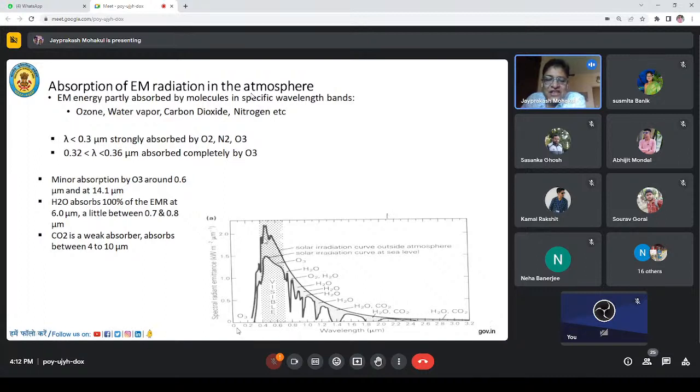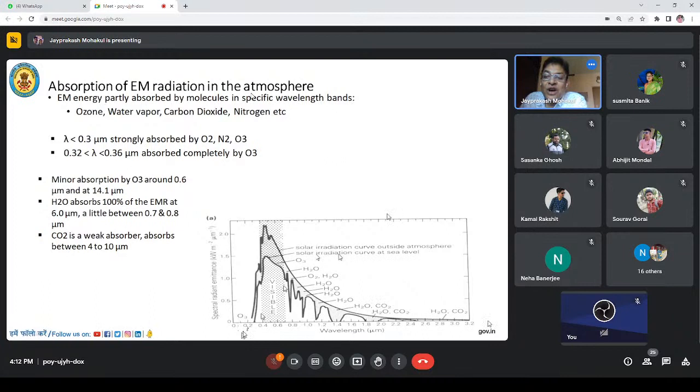Here we are not discussing the microwave. We are basically discussing the range from ultraviolet to higher infrared, right? In this range, as you can see, very little energy comes to the surface.